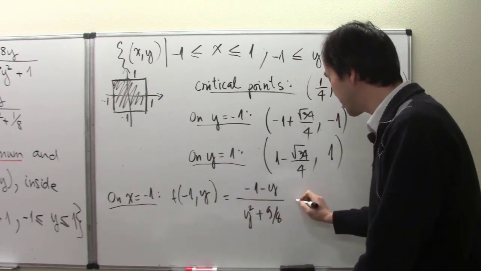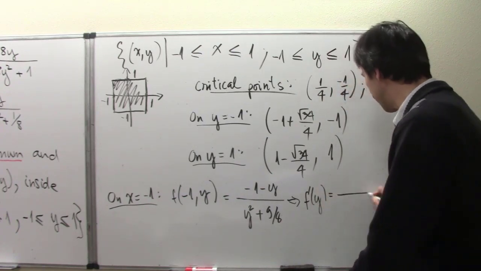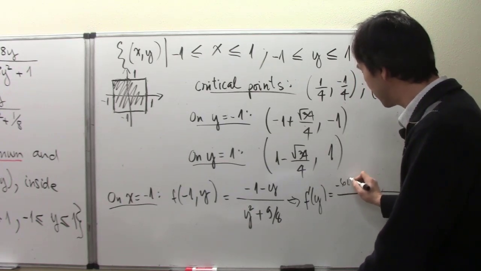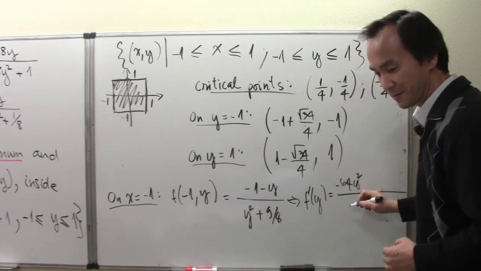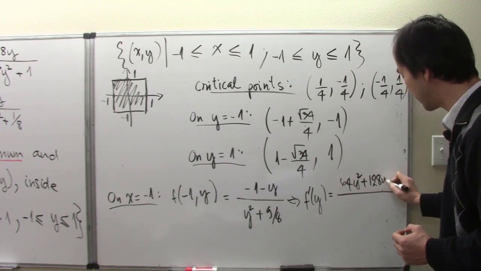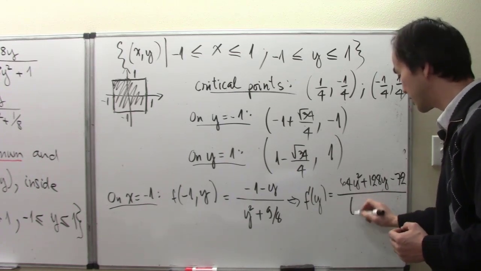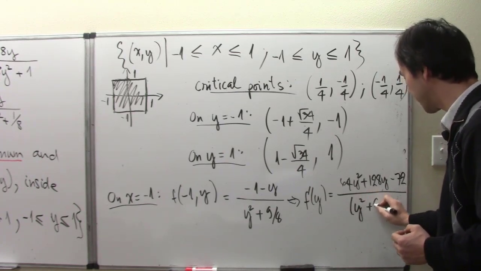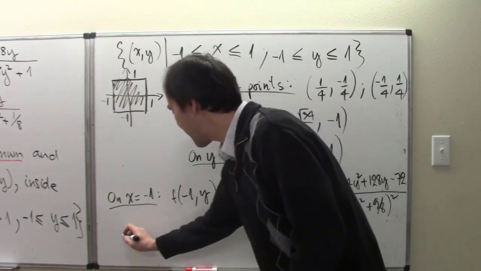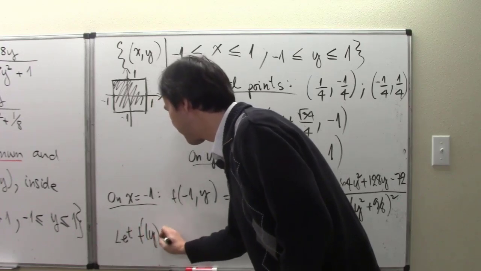And so our f prime of y here becomes, once again, 64 y squared plus 128 y minus 72, and then we go over y squared plus 9/8 all squared. And then again, very similar, we're going to let f prime of y right here equal 0.